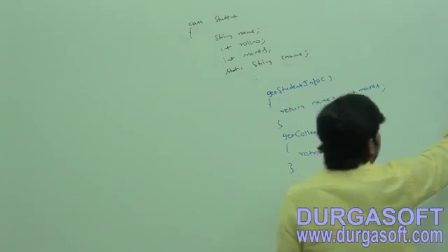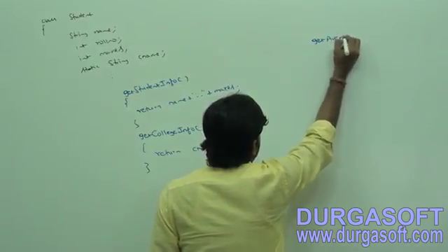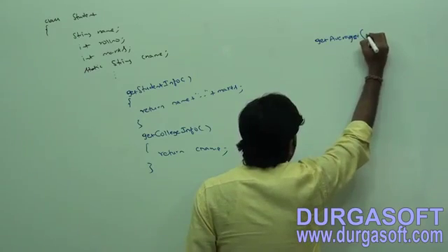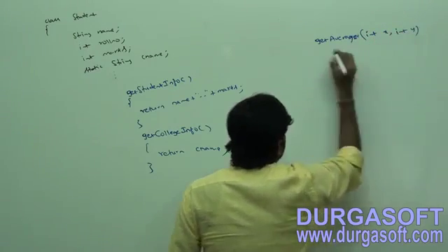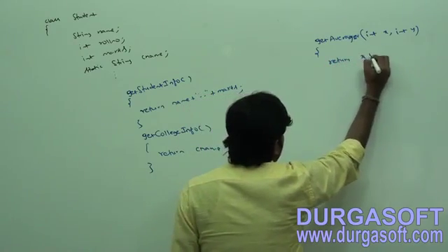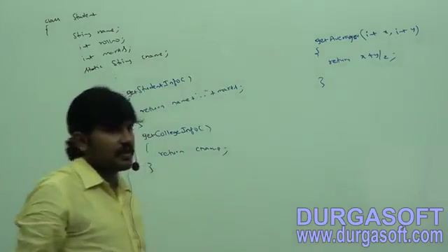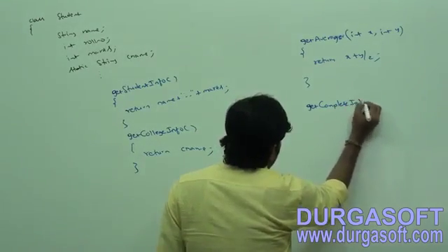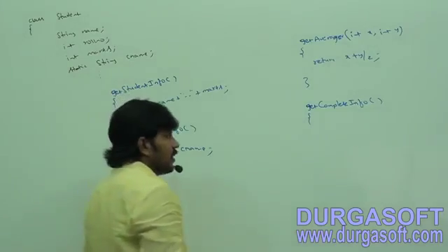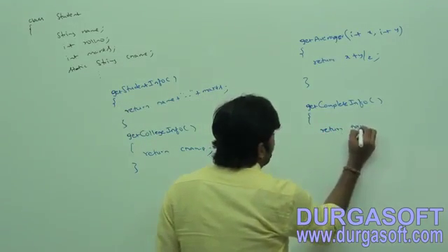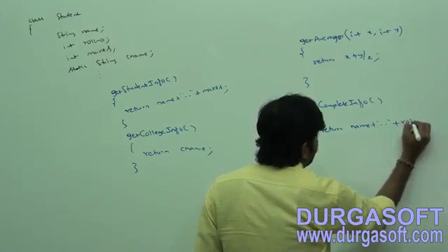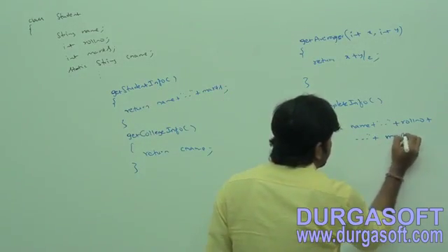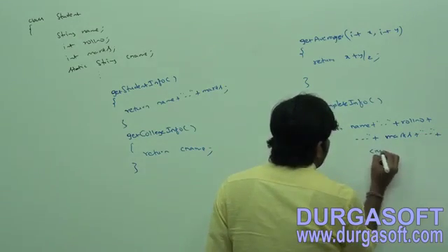Next, getAverage of int x, int y. Return (x + y) / 2. Next, getCompleteInfo. Return name, roll number, marks, college name.